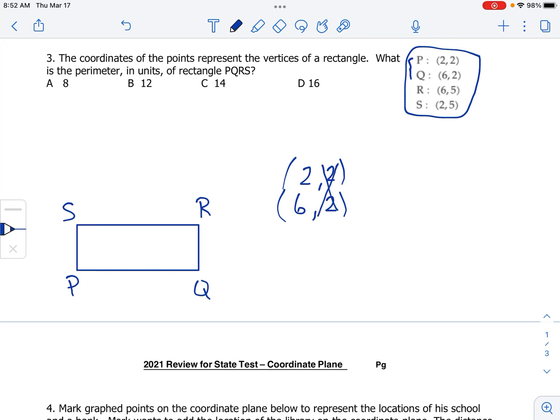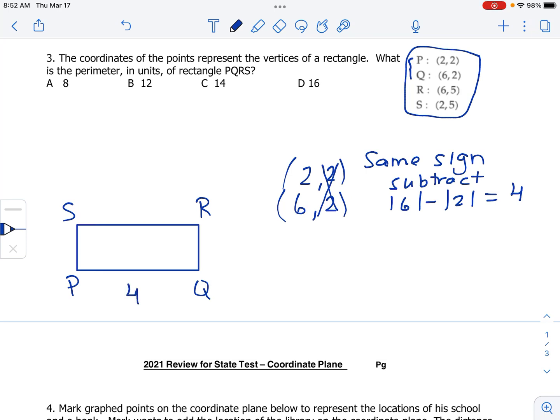We're going to cross those out. The 6 and 2 have the same sign. And if you remember the notes from class, same sign means we're going to subtract the absolute values. So absolute value of 6 minus the absolute value of 2. That's 6 minus 2, which is 4. So the distance between P and Q is 4.